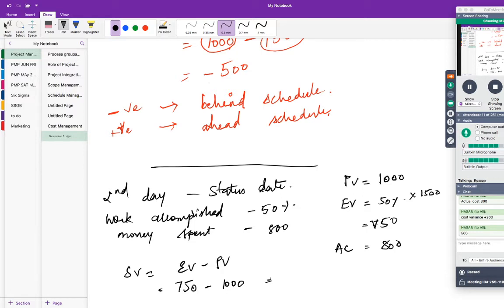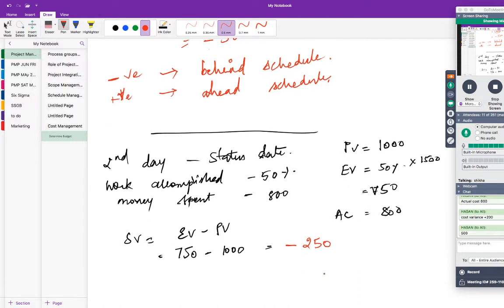So definitely there is a negative schedule variance. So it is minus 250. What is the worth of 250 in your project? Half a day. So you're half a day behind schedule.